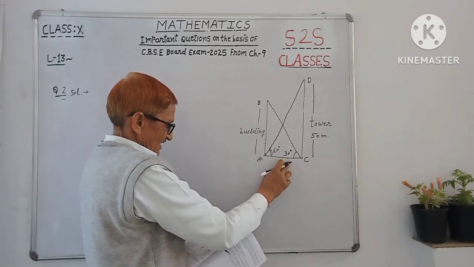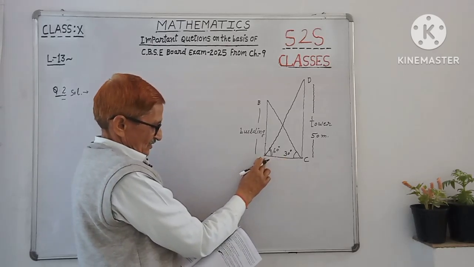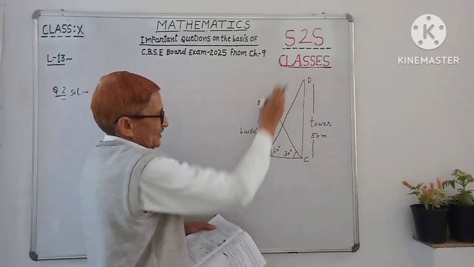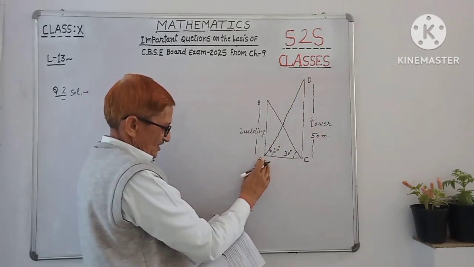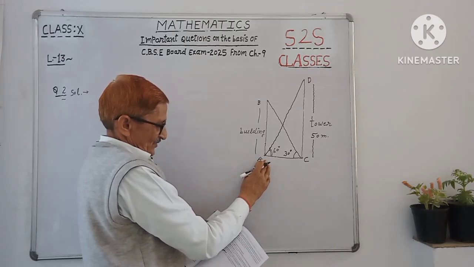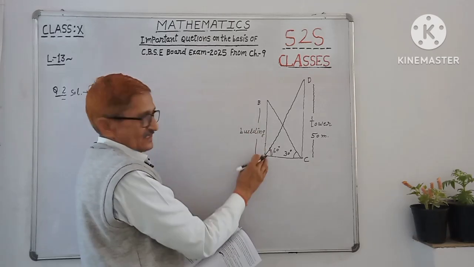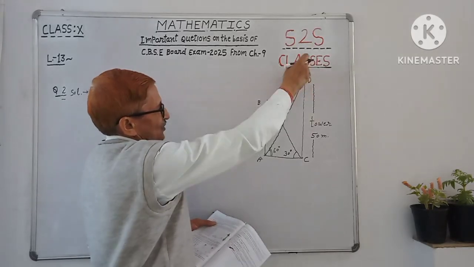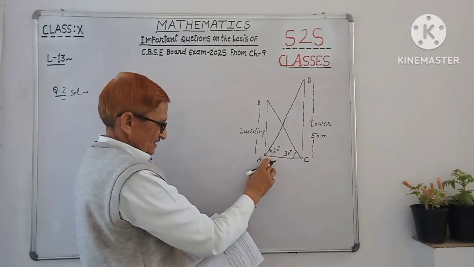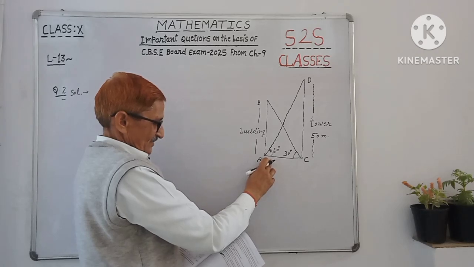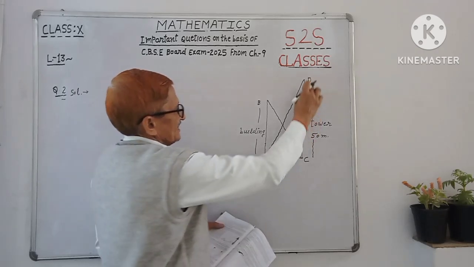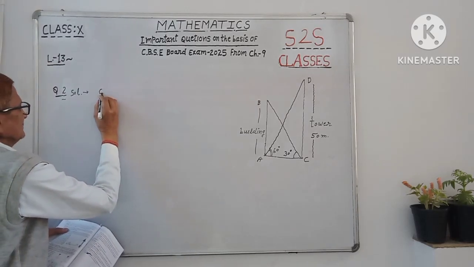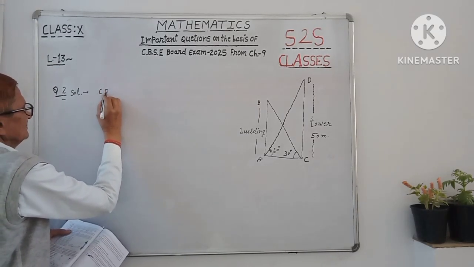And angle of elevation of the top of the tower, D point का, from the foot of the building. Building का foot है A, तो A से angle of elevation of the top of the tower is 60 degree. This is given.